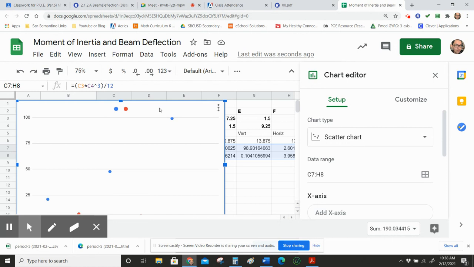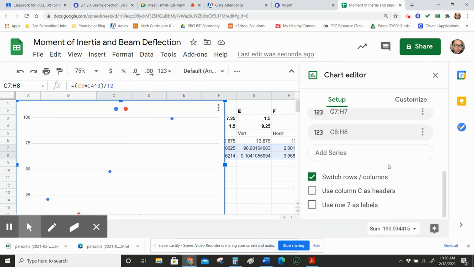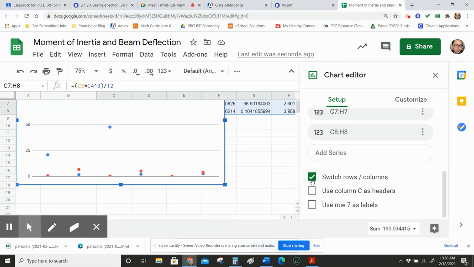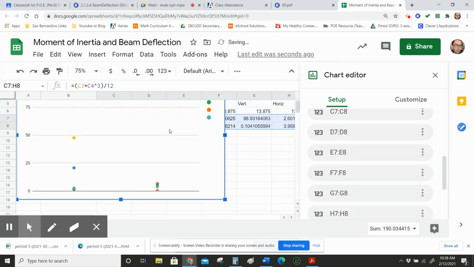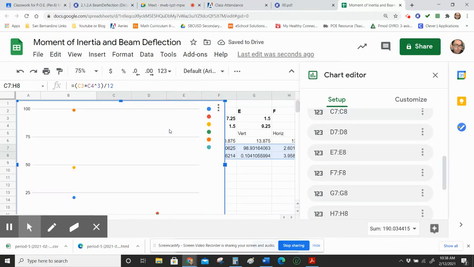All right, so once I go into the scatter chart option, at the very bottom, there's an option that says switch rows and columns. And that is the one that I pressed. Wait, did I do that? So this is what it was before, I believe.